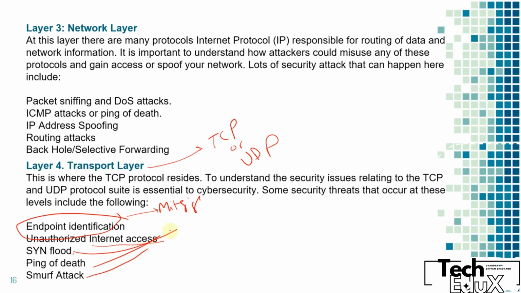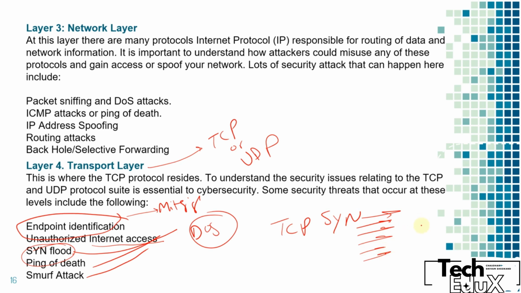These are all related to denial of service attacks that happen at the transport layer. SYN flood, as I told you, multiple SYNs will be sent, at the transport layer, like TCP SYNs.